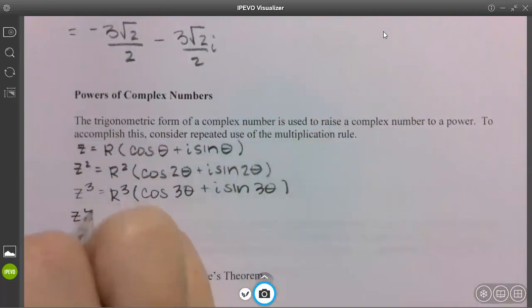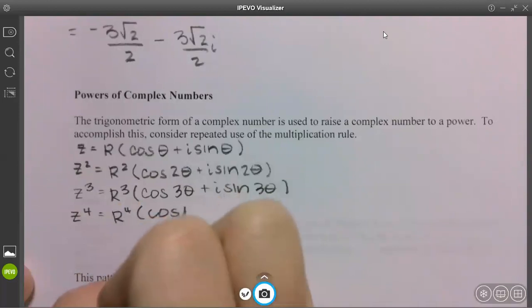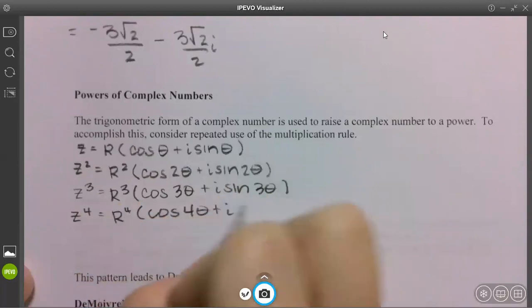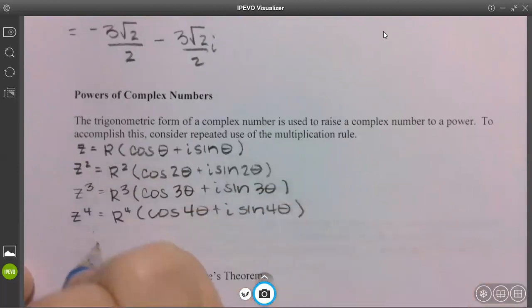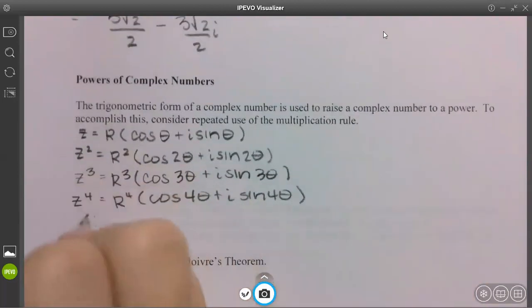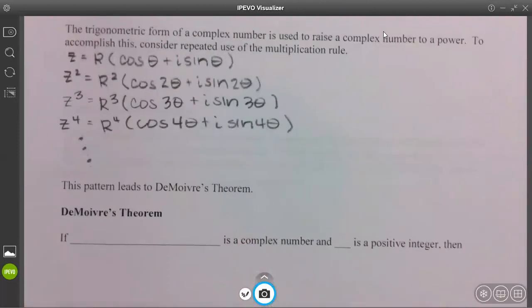Same thing for fourth. So r to the fourth cosine 4 theta plus i sine 4 theta. And you would continue just like that all the way down. So this pattern leads to de Moivre's theorem, I don't really know how you say that, so I'm just going to go with that.